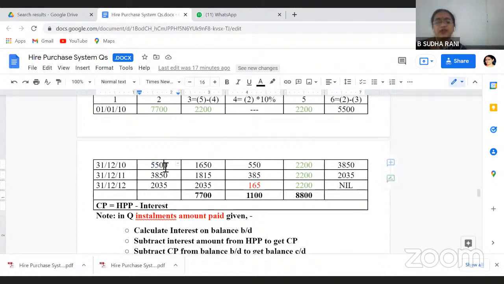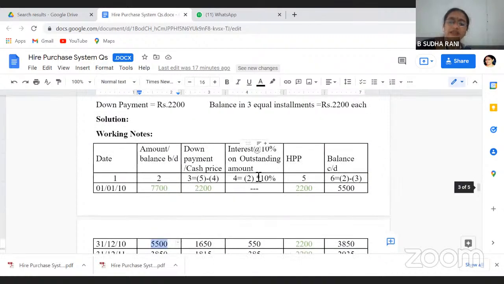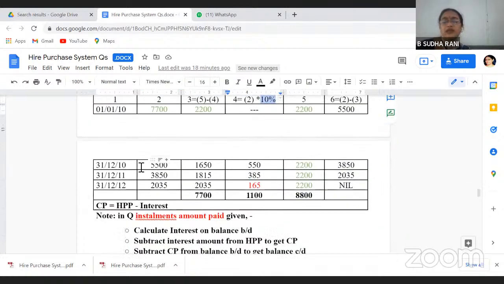Generally, any vendor charges interest upon the amount to be payable, not overall. So upon this cash balance, at the end of the first year, calculate 10% interest, which is also given in the question. 5,500 at 10% gives 550, which is the interest. In the second year, what is the installment payable? 2,200.